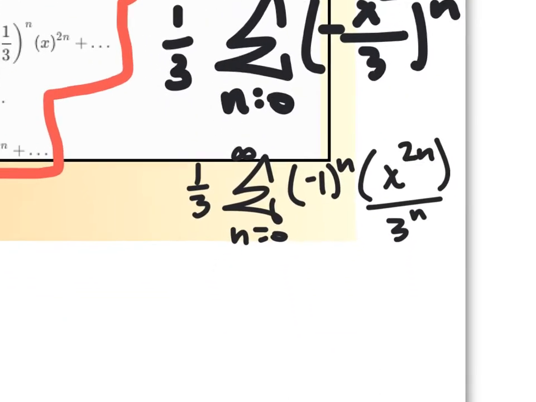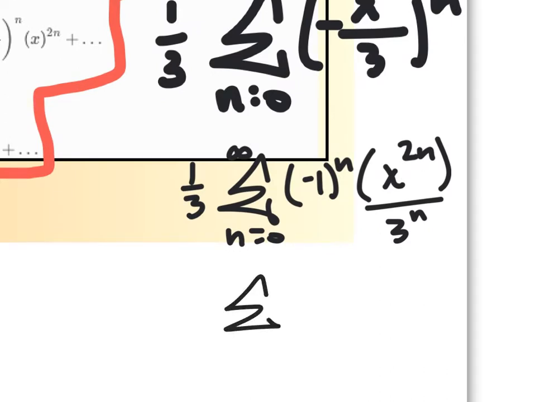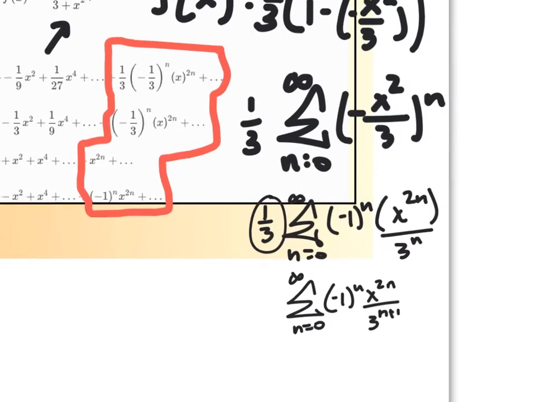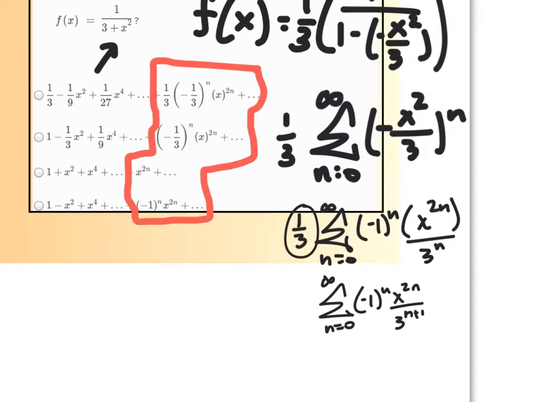Alright, cool. So now if I bring this 1/3 inside, that's going to change that 3 to the power of n. So we have our alternator, we have x to the 2n over 3 to the n plus 1. Let's see if maybe we can expand this series and see what we'd have here.